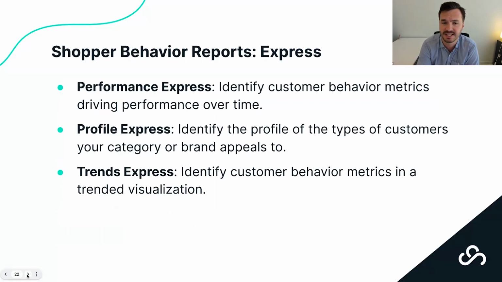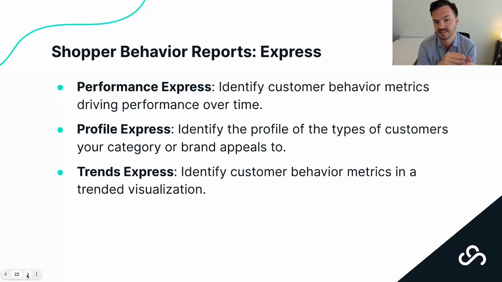Performance Express, this is a report that's designed to identify customer behavior metrics that are working out for you over time. So all of these you'll be able to kind of break down by an individual time period, just like you could with any DSS report. So that's the customer behavior metrics, particularly for that.